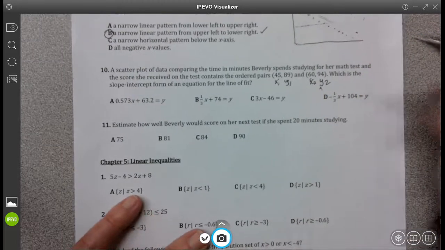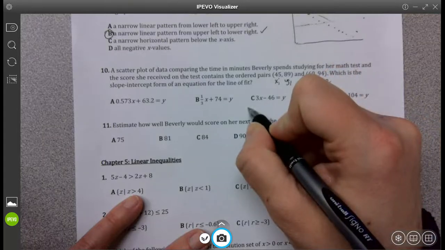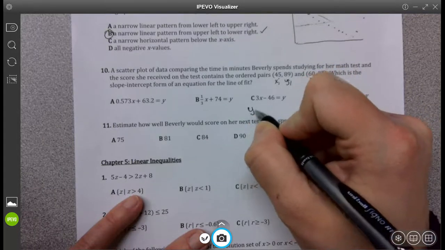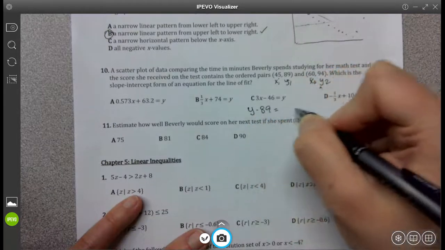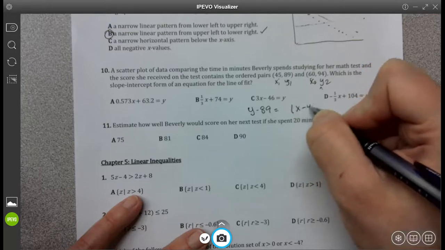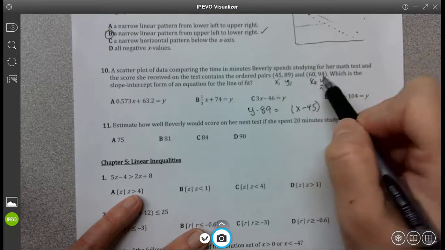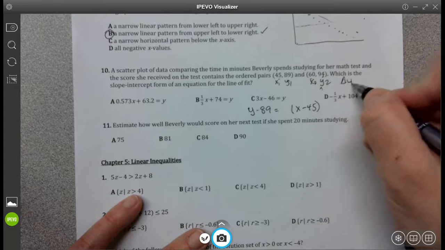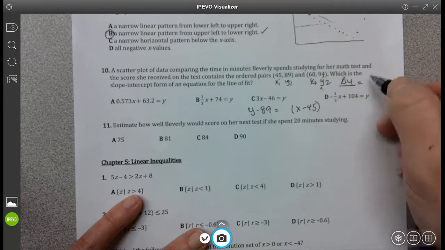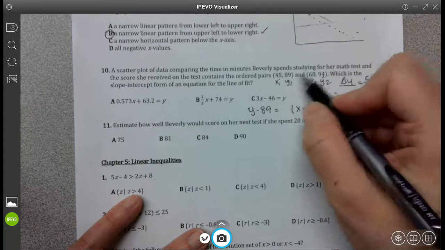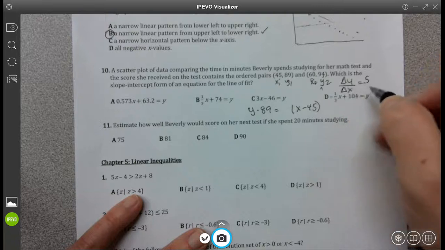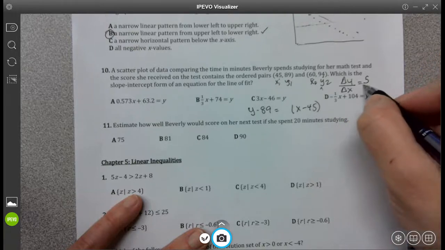So you have y minus y1 equals m times x minus x1. 94 minus 89, so your change in y is 94 minus 89, which is 5. Your change in x is 60 minus 45, which is 15.